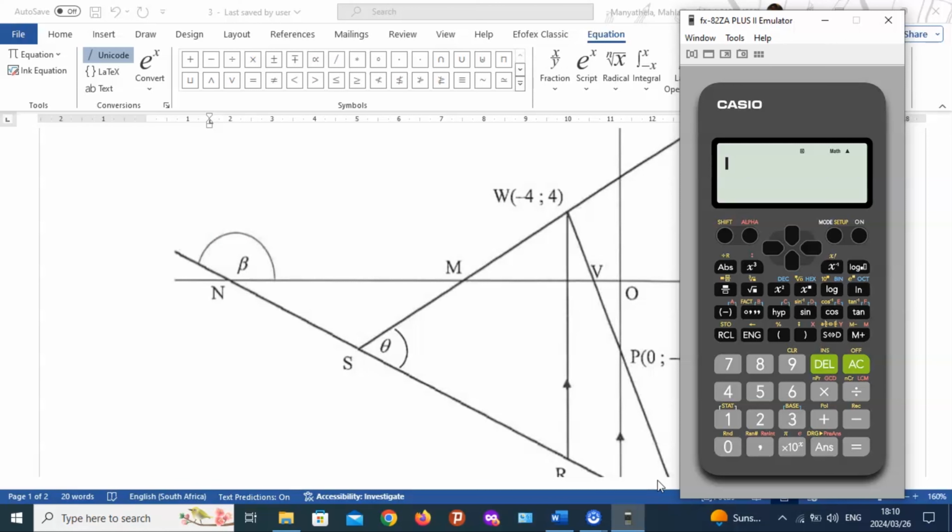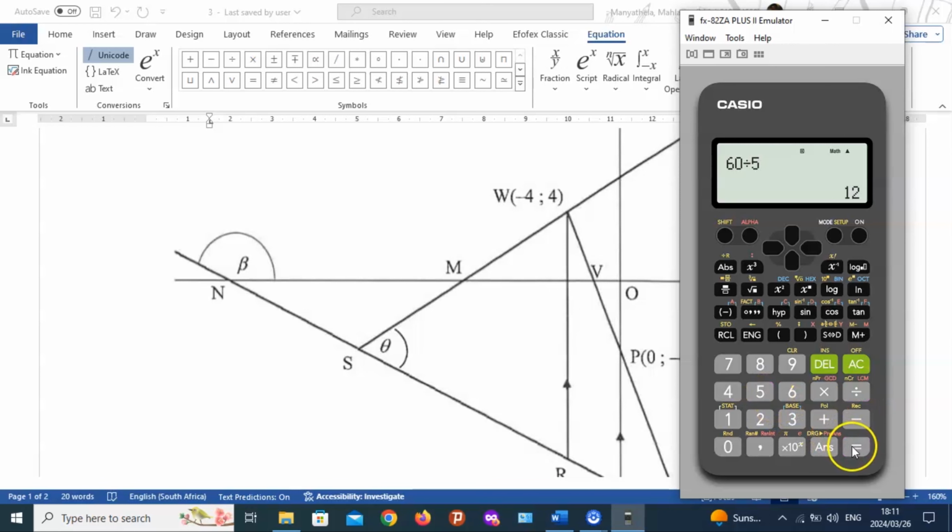Then we divide both sides by 5. So 5 into 5 once, y equals -2 over 5 x plus 60 divided by 5.